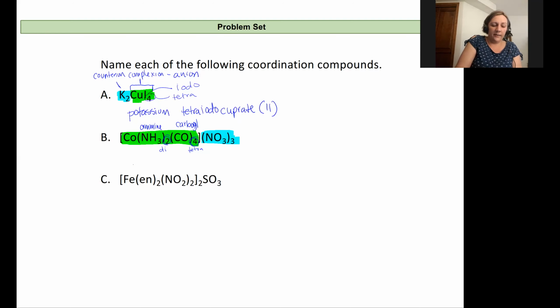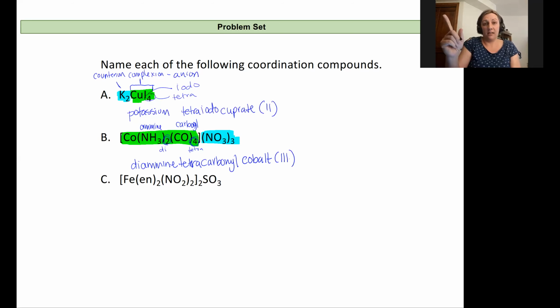So I have di, amine, tetra, and this is all one word, carbonyl. And now I've got my ligands done, so I'll add in the metal, which is cobalt 3. Whew, okay, got the complex ion done.